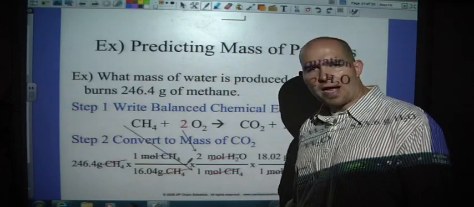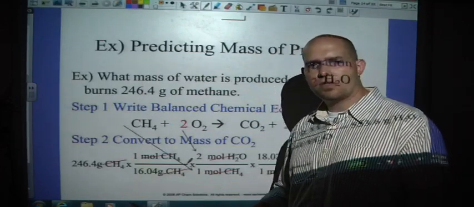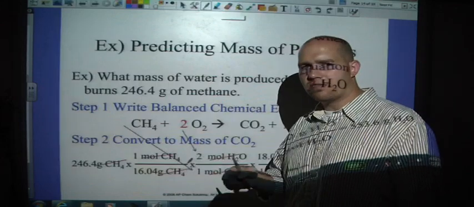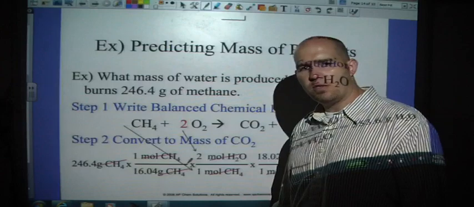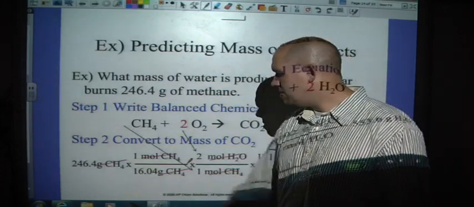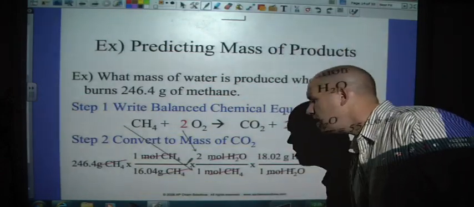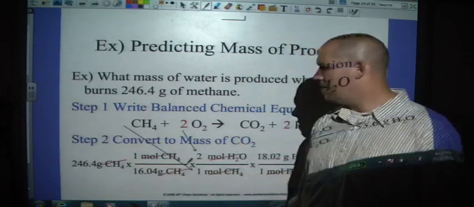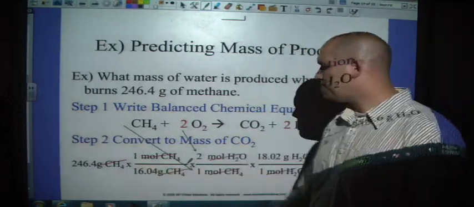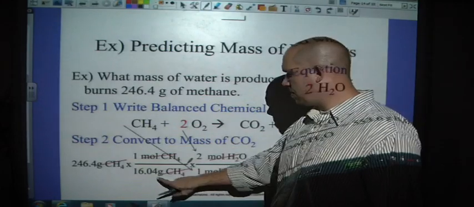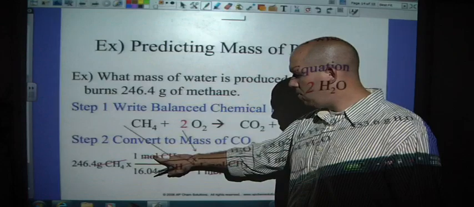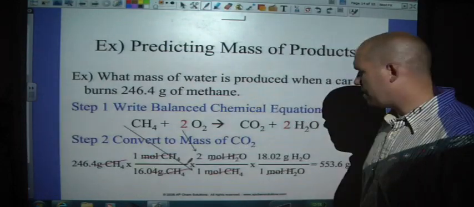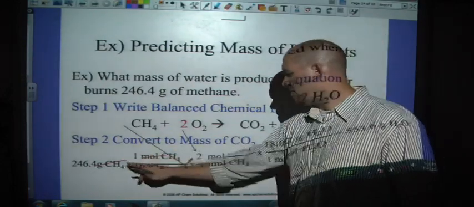I have 4 hydrogens. Each hydrogen is 1.01. So 4 times 1.01 is 4.04, plus that 1 carbon, which is 12.01, and that's how you wind up with your 16.04. Actually, I would put it at 16.05. Sorry, the typo there. But we'll roll on with it regardless. So we take this, and we know for every 1 mole of this, it weighs 16.04.